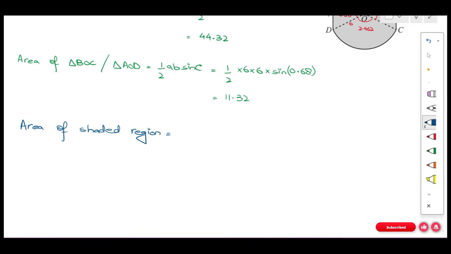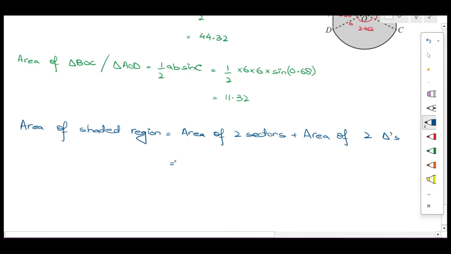that is area of two sectors plus area of two triangles. Okay, so the sectors' area is 2 times 44.32 plus the triangle areas are 2 times 11.32. Why times 2? Because there are two triangles and two sectors, right?